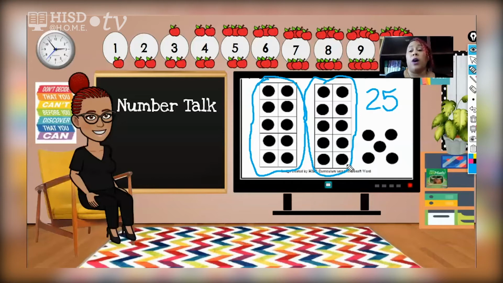So maybe you had to count each one. Or maybe you counted 10, 20, and then added the 5 ones. Maybe you knew by looking at this picture that this represented 5. So you may have counted 10, 20, 25. All of those are correct. It just depends on the way that you saw the number. How did you see the number 25?